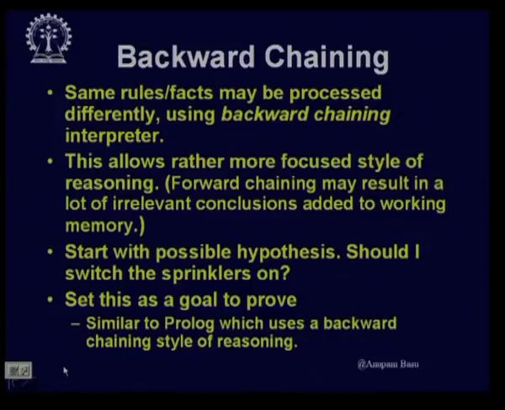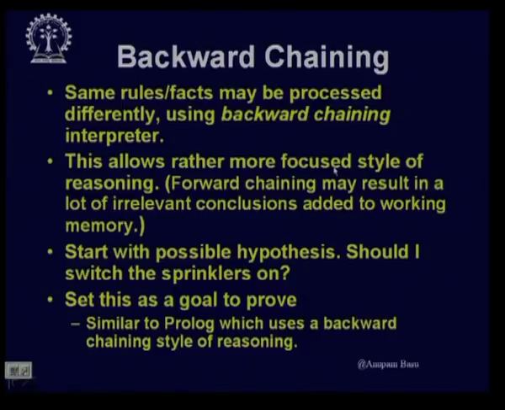Now, we come to the other mode of reasoning, that is a backward chaining. In the backward chaining, you can see that the same thing we can do, the same problem about that sprinkler on or the fire, smoke, etc., we can deal with using backward chaining.